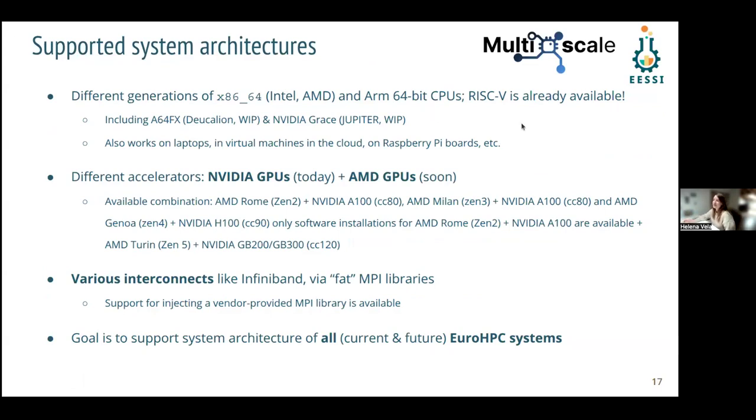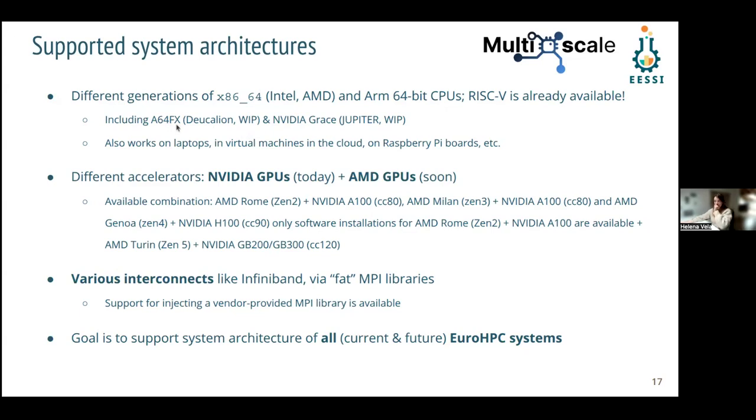So what system architectures are we supporting? The different generations of x86-64, this means Intel and AMD mostly, and then ARM 64 bits. And RISC-V is now already available, but more on that later. What does that mean? That basically all or a very big part of the EuroHPC machines are supported.